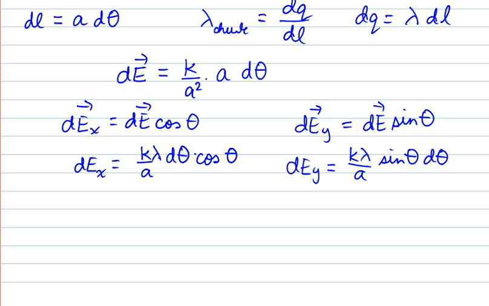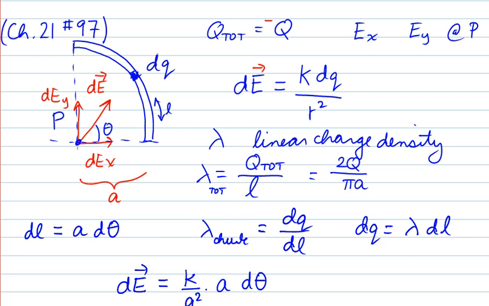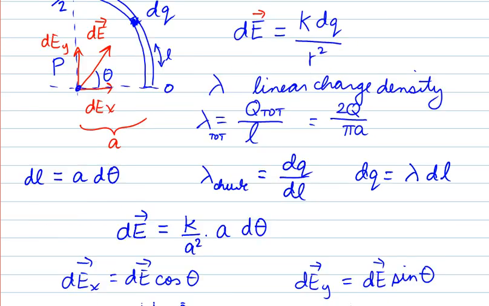Okay, so now at this point it's going to be fairly straightforward. We're just going to have to integrate, and we can see, looking at the original ring, that we're going from 0 to pi over 2 in terms of our angle.